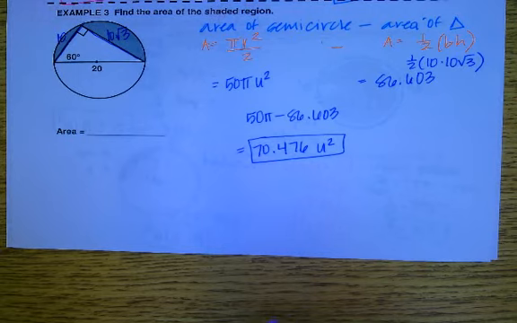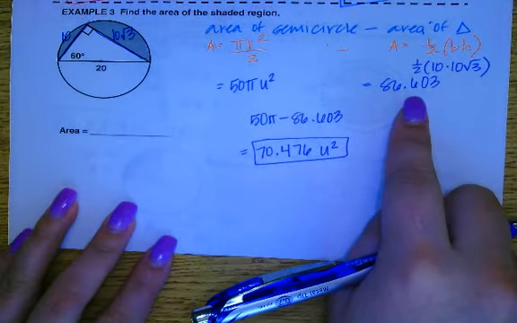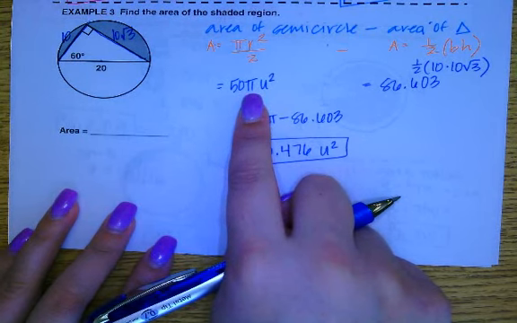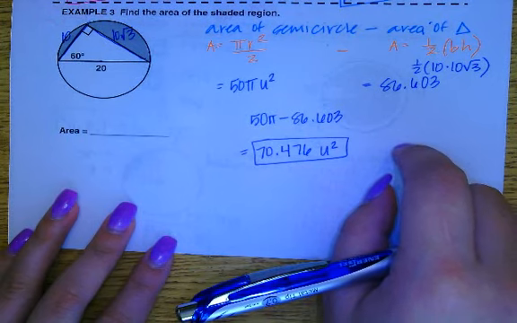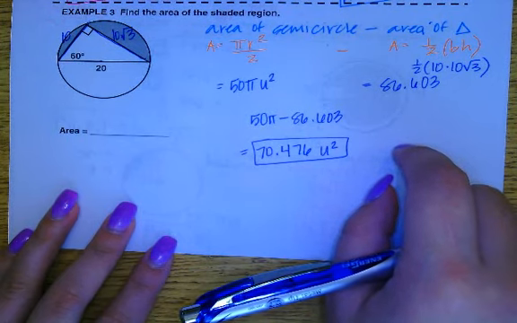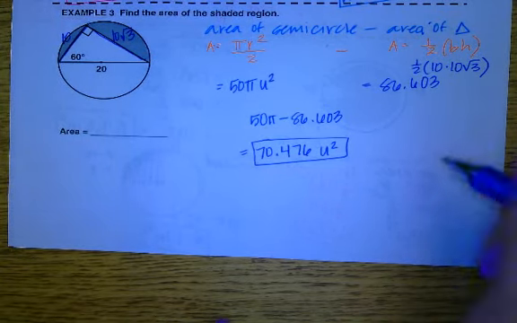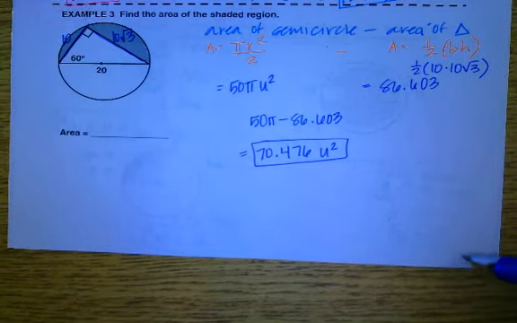Might have been coincidence. You should have definitely had the 50 pi. Did you have 86.603? I had 157.08. It's just 50 pi, but you actually multiplied times 3.14. That's the same thing. Your decimal might be off a little bit, just because 3.14 is rounded, versus typing in pi into the calculator. Any questions on example 3?